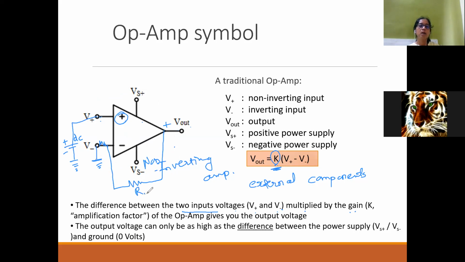So this is R2 and this is R1. The gain of this non-inverting amplifier K is given by 1 plus R2 upon R1. There is some specific derivation for that, which we will see in detail when we discuss non-inverting amplifier.